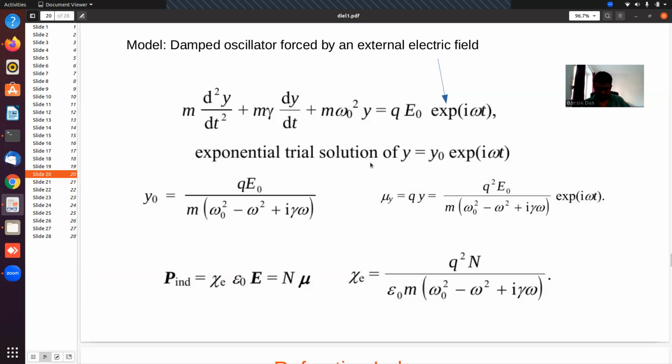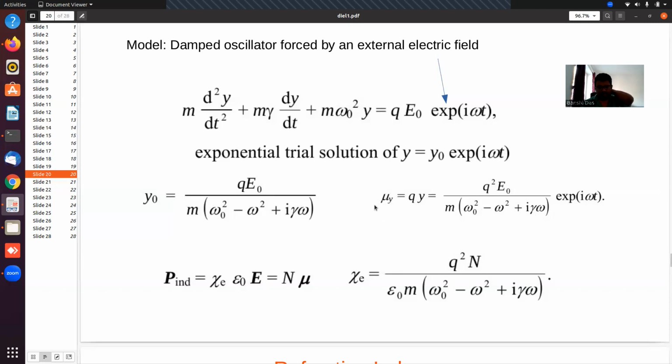So we can get y naught, the expression of y naught. So mu equal to q into y. So q square E naught over m omega, we put the expression of y, y naught exponential i omega t, and substitute the expression for y naught.